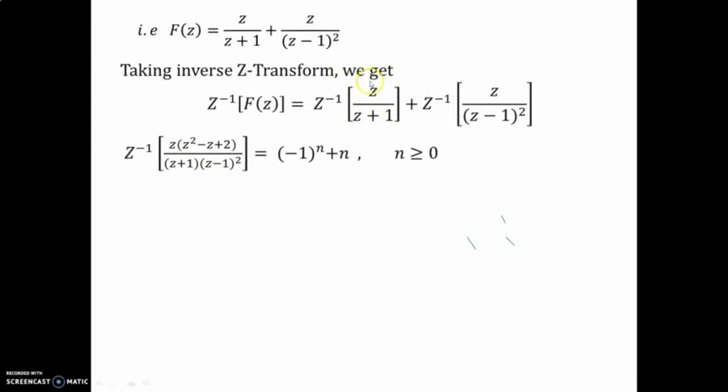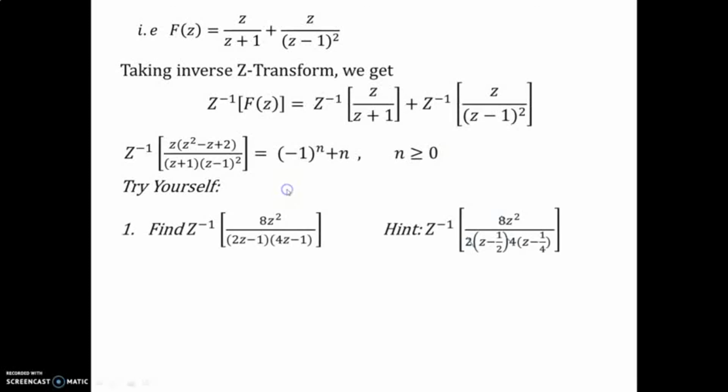By this formula, z inverse of z by z minus a is a the whole power n. Here a is minus 1, so we get minus 1 the whole power n, and also we know that z inverse of z by z minus a the whole squared gives n. So z inverse of z into z squared minus z plus 2 by z plus 1 into z minus 1 the whole squared gives the sequence minus 1 the whole power n plus n, for n greater than or equal to 0.